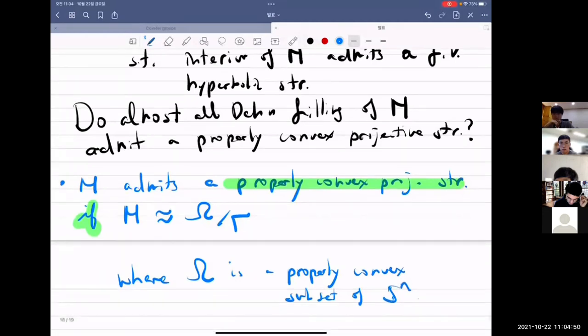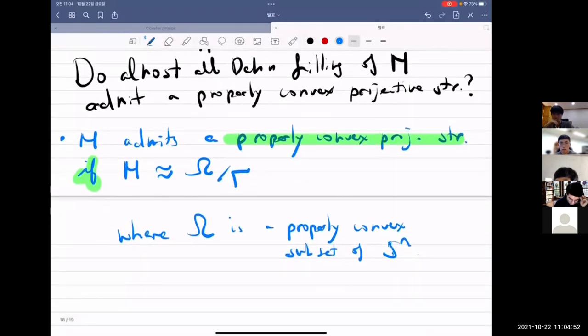Properly convex means that if we take the closure, it's a bounded convex set in some particular affine chart.